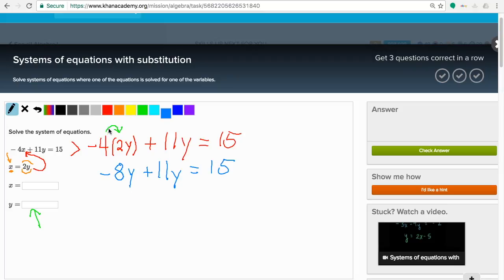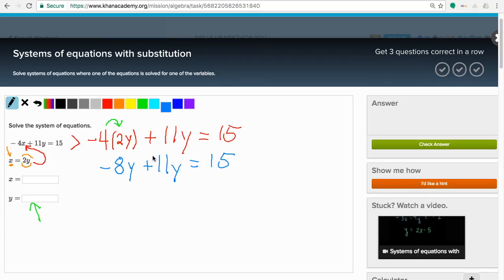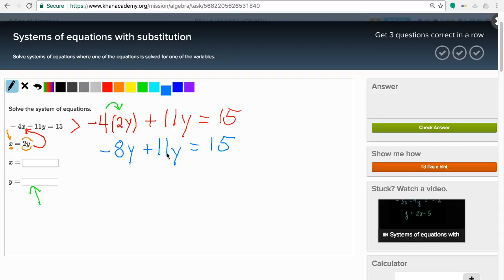You guys should know by now that when we're adding these two types of numbers, a bigger positive number and a smaller negative number, we're going to wind up with a positive number, because we've got 3 more positive numbers than we do negative numbers. All the negative numbers take some of these y's away.